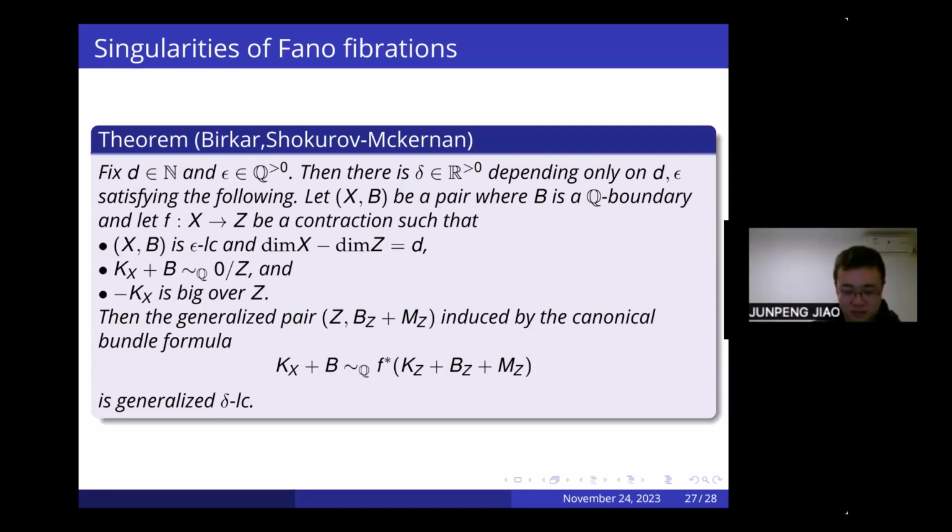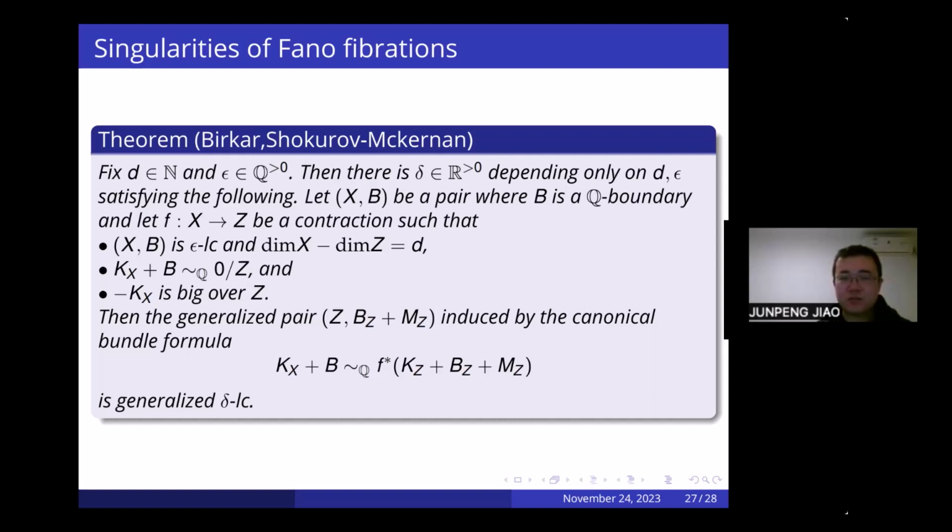It was a conjecture last year, but recently it was proved by Professor Birkar. It is known as the Shokurov-McKernan conjecture. So fix the dimension d and let epsilon be a positive rational number. Then there exists a delta depending only on d and epsilon satisfying the following.